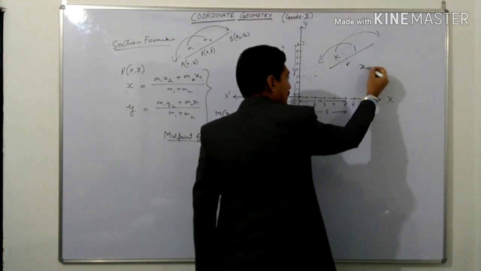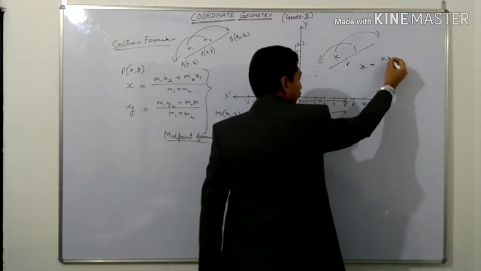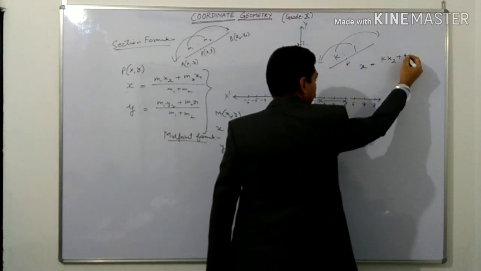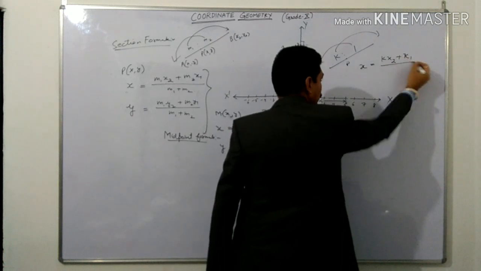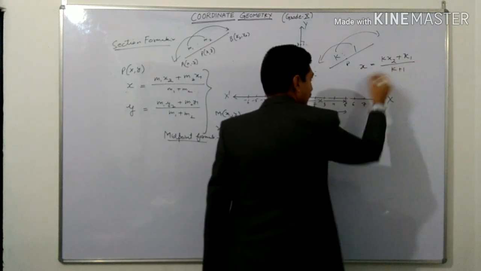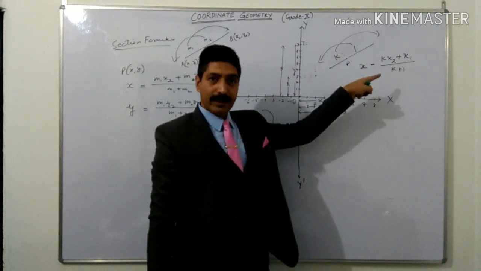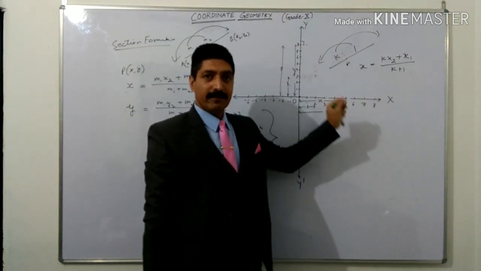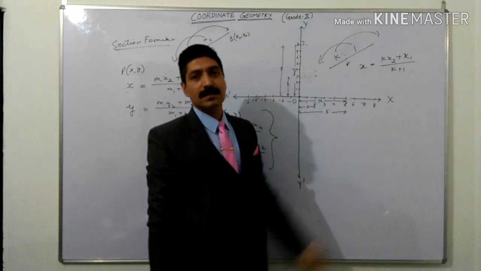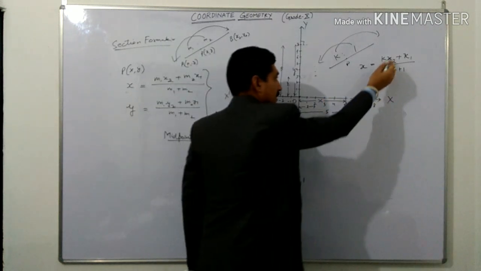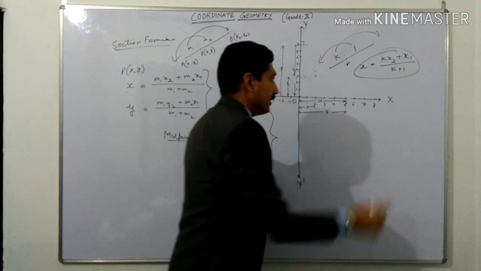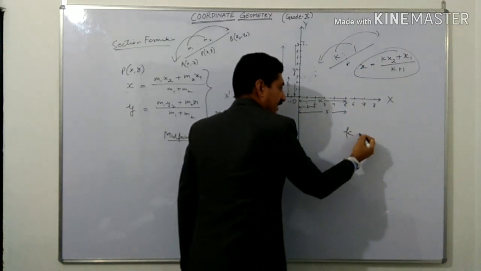The point x is always equal to k into x2 plus 1 into x1, upon k plus 1. Similarly y is equal to k into y2 plus y1 upon k plus 1, because 1 into y1 is y1 only. So this is the other method. In this we find k.